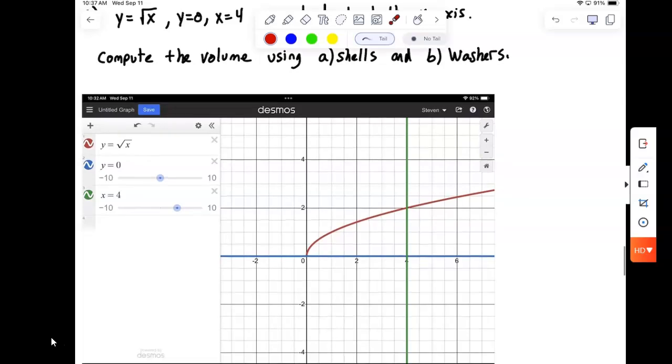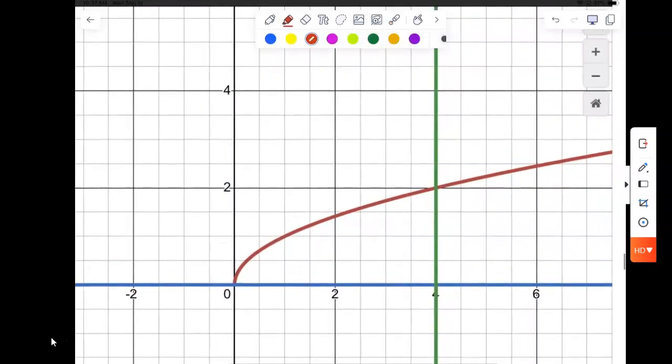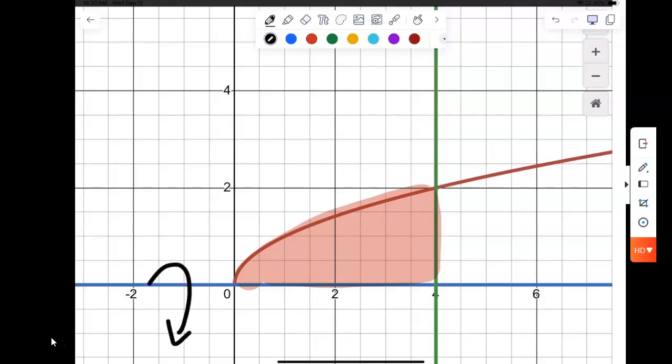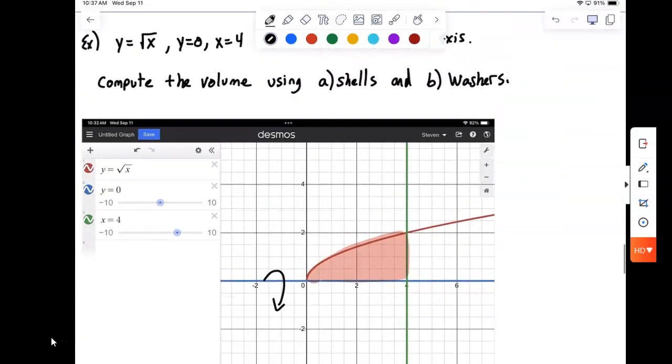So first of all, we recognize, of course, that we're dealing with this region right here. And we're now going to be taking this region and revolving it about the x-axis. We're asked first to do this with shells. So remember the process for shells.